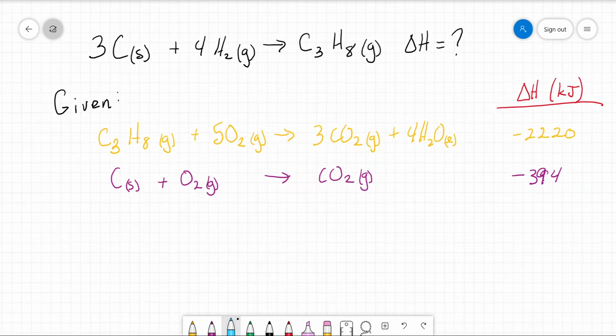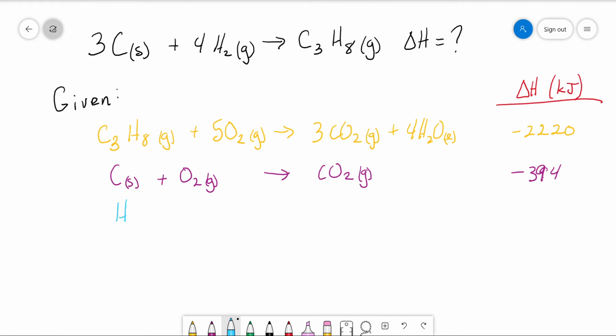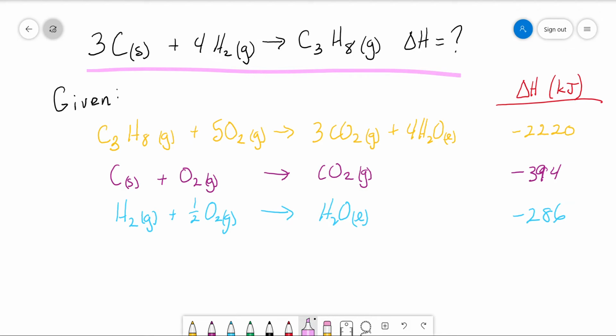And finally, we are given H2 gas plus 1/2 O2 gas, and that yields H2O liquid, and that has a value of negative 286. And of course those are all kilojoules. So what we need to do is take those 3 equations below and flip them around, multiply them, manipulate them some way so they give us this equation up here. That's the goal.